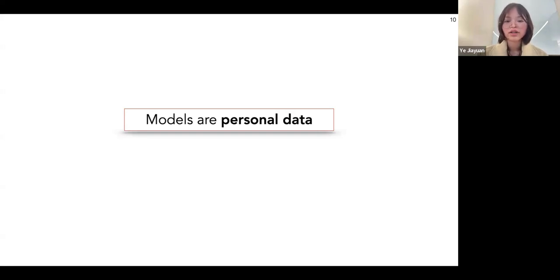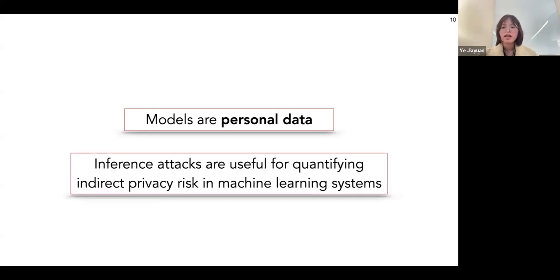Therefore, it is very important to understand what the privacy risks are for sharing the model, besides all these existing privacy regulations for controlling the data collection and sharing process. And that's the first message that I want to convey to you today. That is, these inference attacks are very useful for quantifying these indirect privacy risks in machine learning systems.